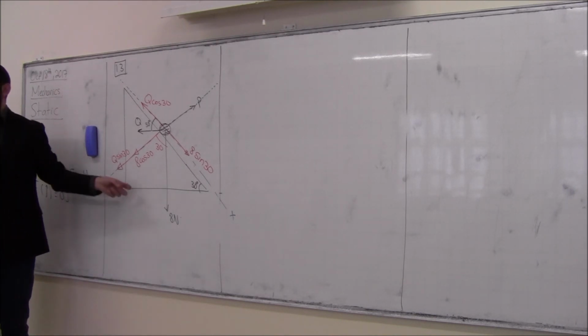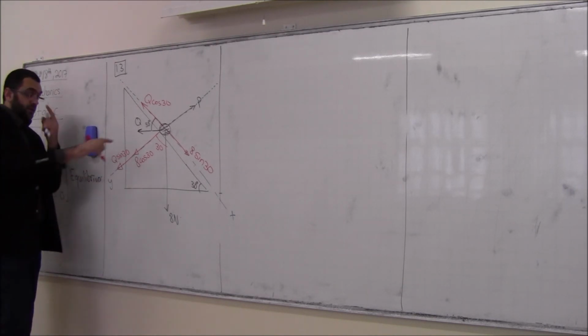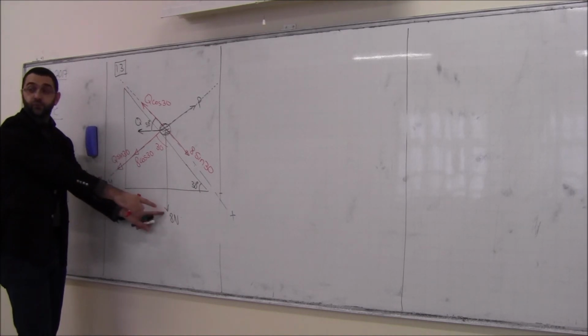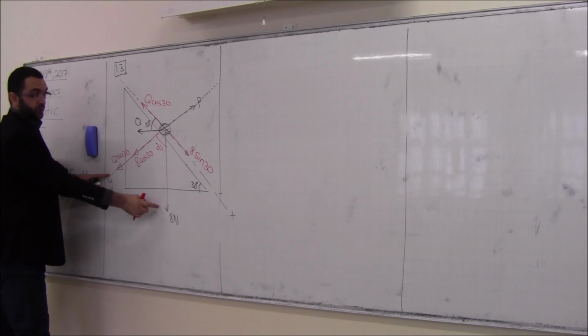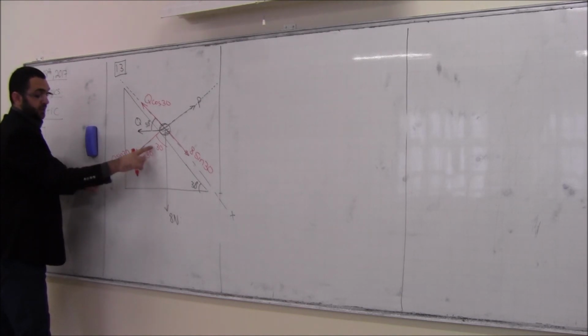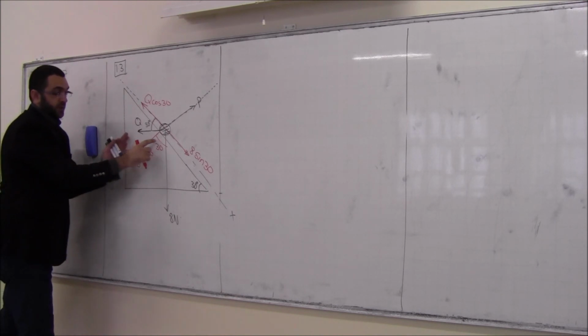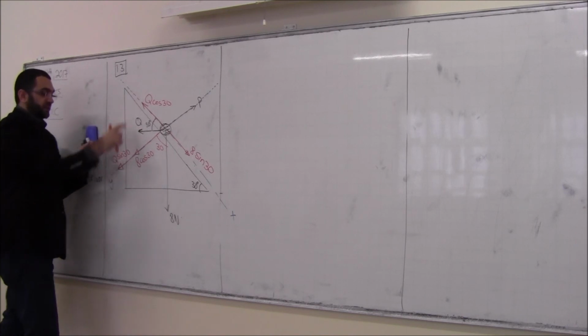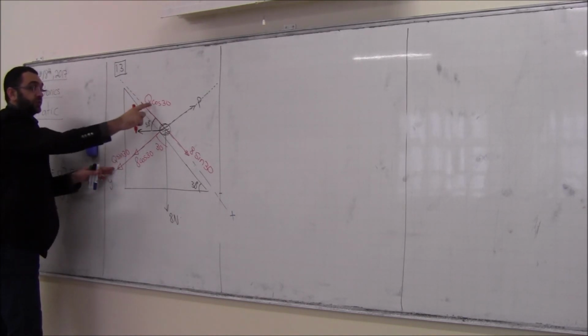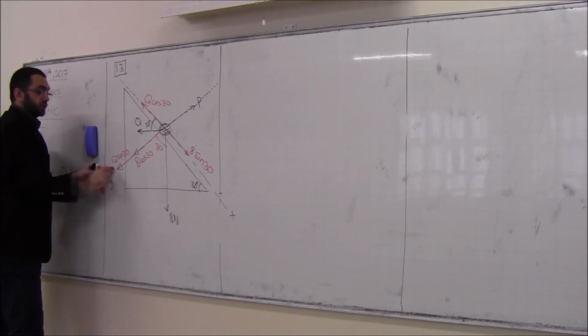Okay. Any question about this? Again, this force 8 Newton lies between y and x, so it should be resolved. This becomes 8 cosine 30, and this 8 sine 30. Q here, between this axis and this axis, should be resolved: Q cosine 30, Q sine 30.